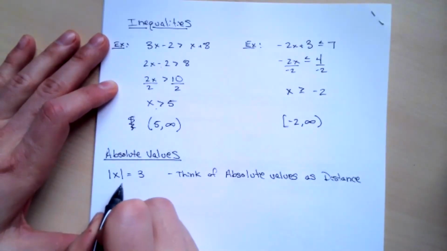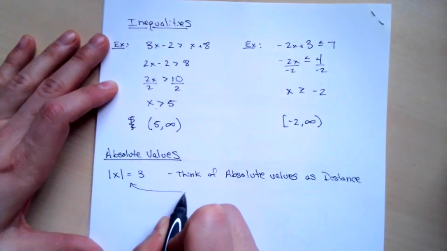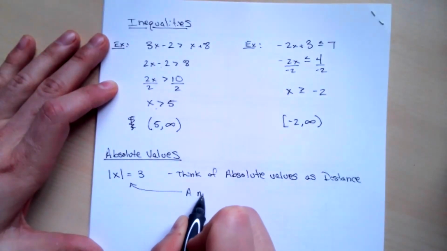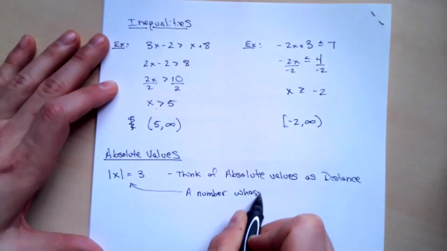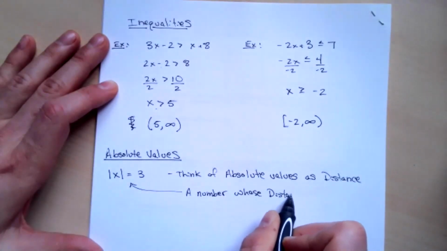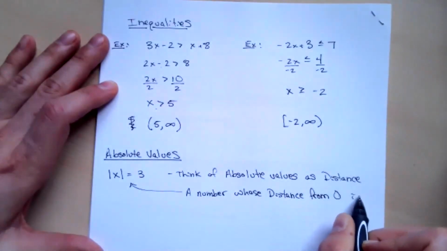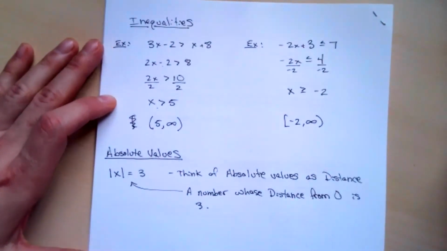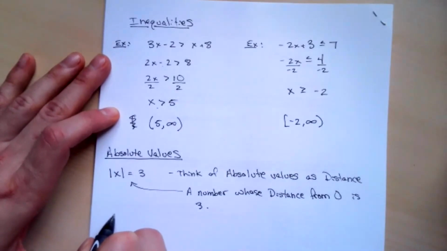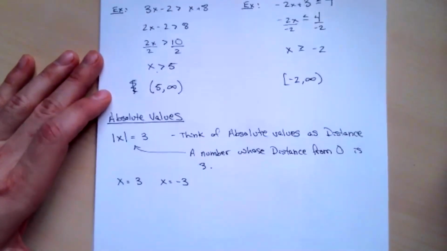In this case, this says we were looking for a number whose distance from 0 is 3. And so our solution here is we get x equals 3 and then x equals minus 3.